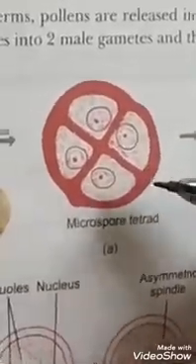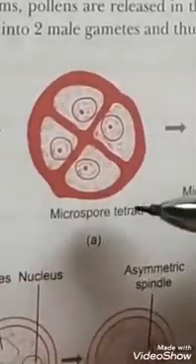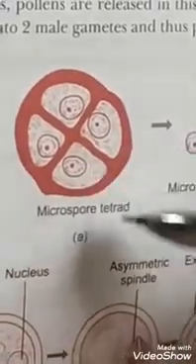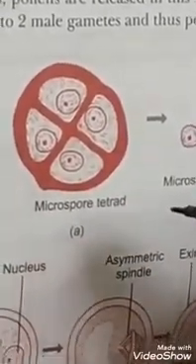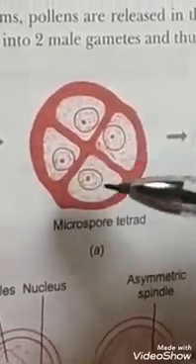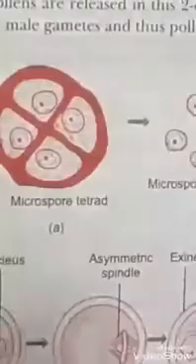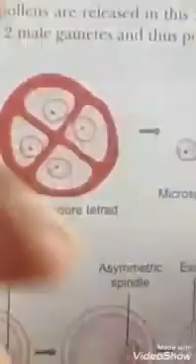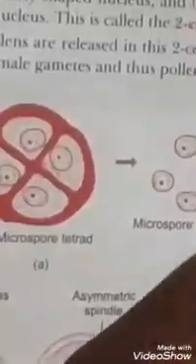In this way, inside the microsporangia, many microspore tetrads are formed, and after maturation, from these microspore tetrads, microspores are separated, and these microspores develop into pollen grain.